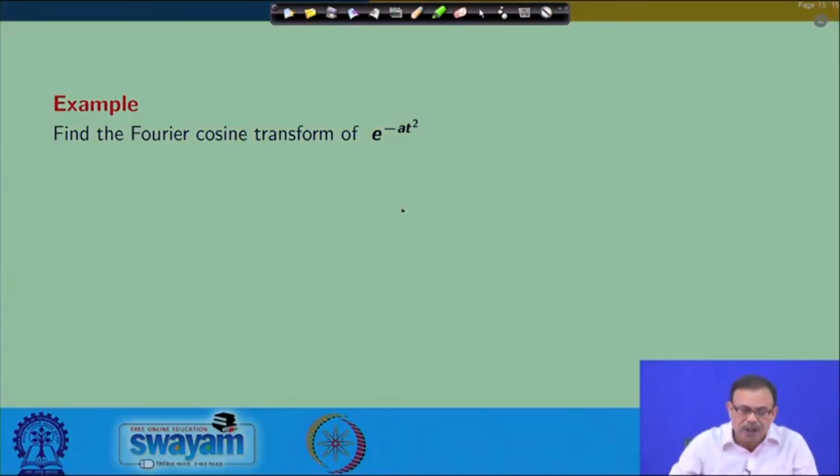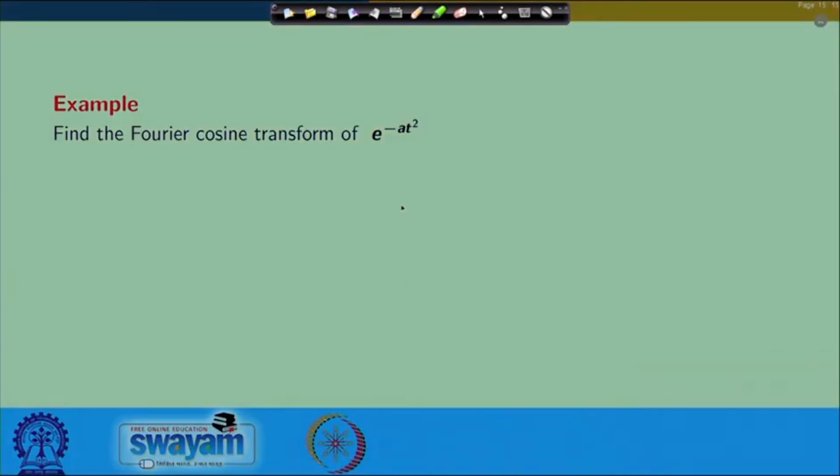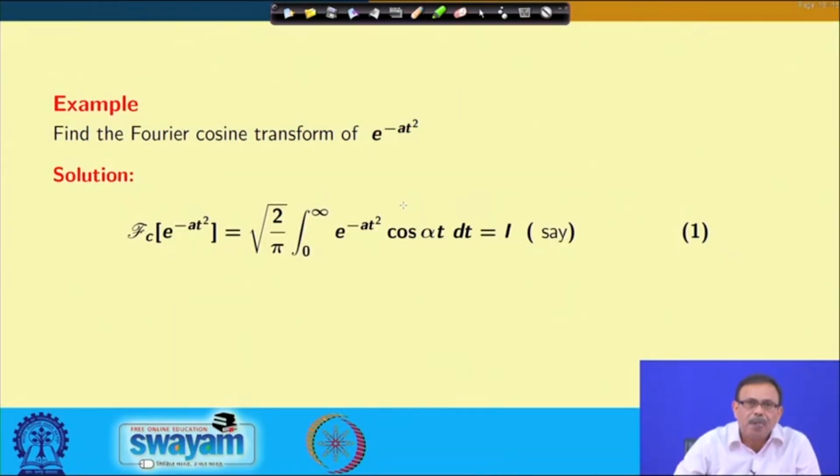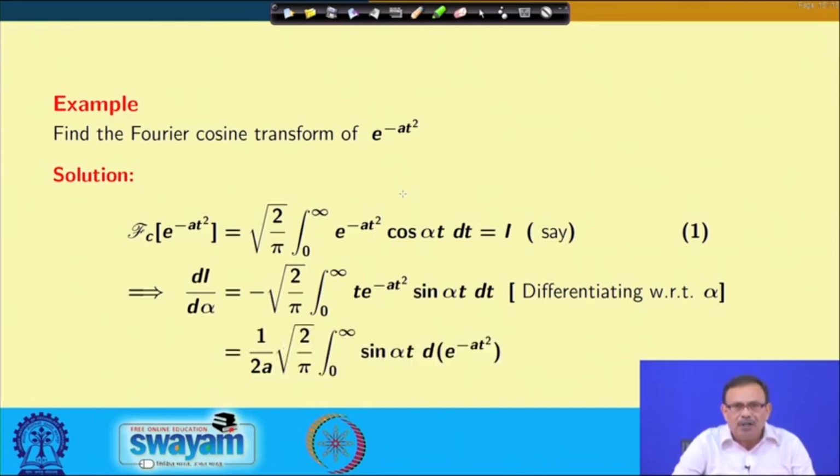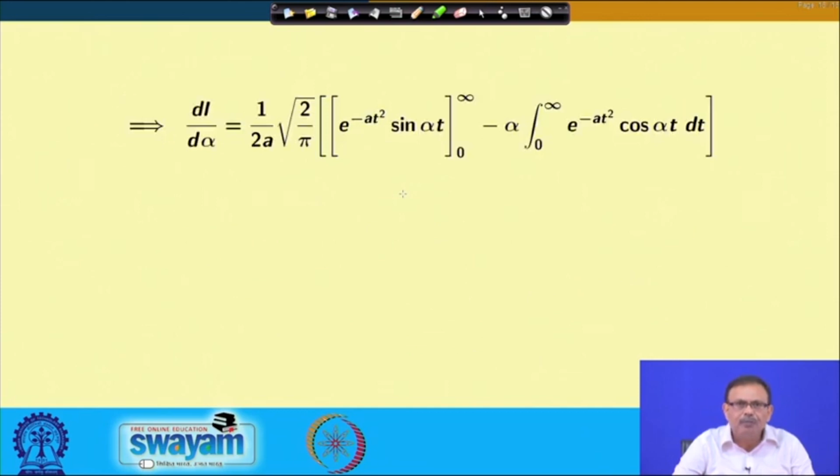the Fourier cosine transform of e power minus a t square. By the definition of the Fourier cosine transform, I write this integral, and now I differentiate with respect to alpha to obtain dI by d alpha, writing it so that integration by parts can be used.